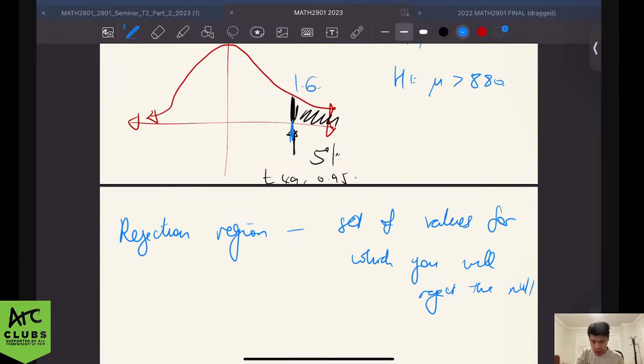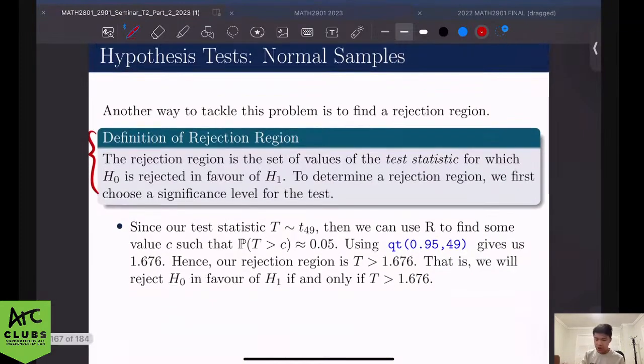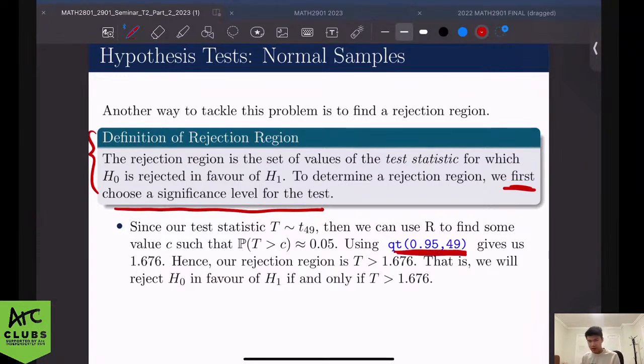Let's say it is 1.6. What you would do is compare it to 1.6. If it's greater than 1.6, you would reject, right? If it's less than 1.6, you would not reject. So that's an alternative way of doing this. You first choose a level of significance for the test, and then you find the quantile. And that's an alternative way of figuring out whether you will reject something. Okay.